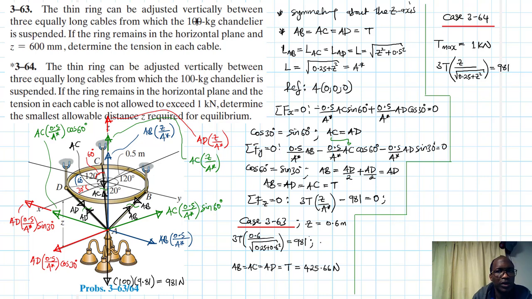So we are going to replace T with this maximum, and once we do so, we are going to have the following expression: 3,000 Z equal to 981 root of 0.25 plus Z squared.